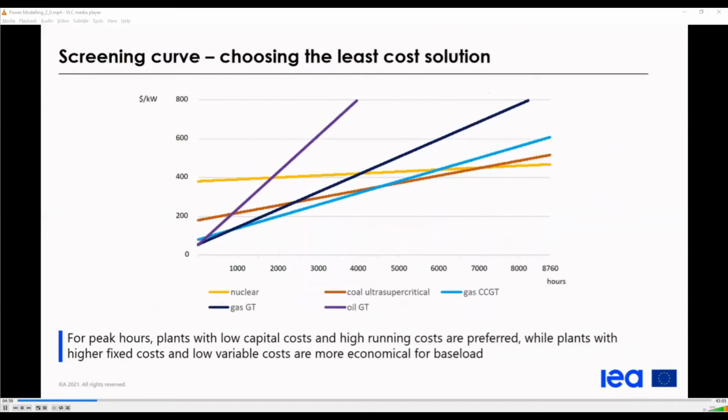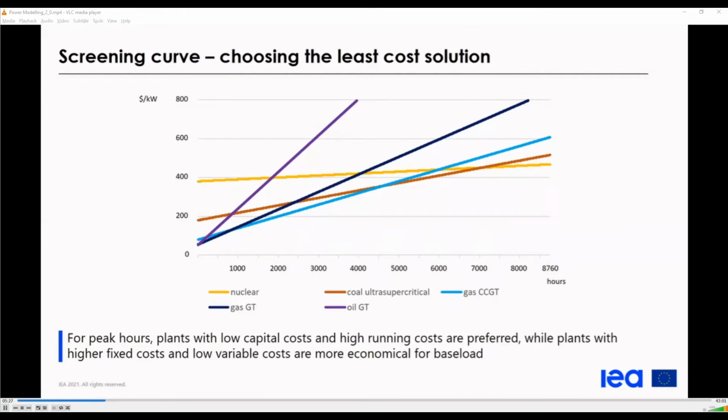One limitation of the LCOE, especially in the simplified formula, is that the capacity factors used are often fixed. So another very useful way to look at things is to see how the cost of power plants changes depending on the amount of time these plants are used.